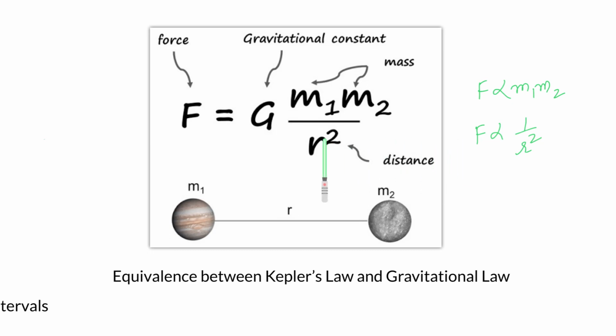And we introduce a constant G, which is called the gravitational constant. So this is known as the gravitational law of masses.